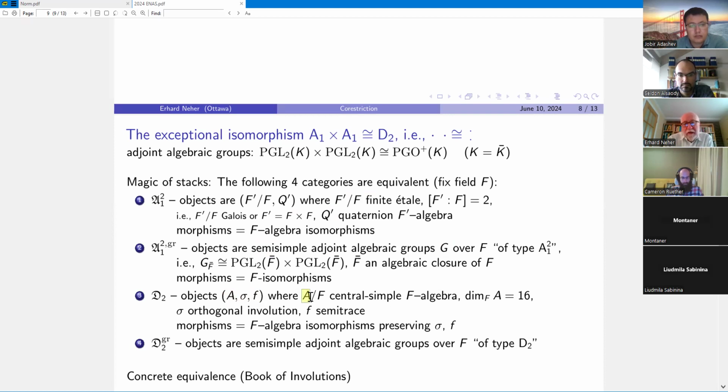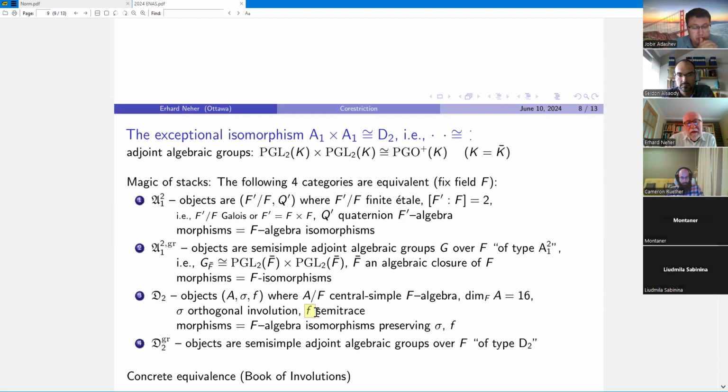So the D2 category has objects triples, A, sigma, f. A is a central simple F-algebra of degree 4, so over the base field F its dimension is 16. The sigma is a special type of involution of the first kind, so it fixes the center and has a certain fixed point subalgebra; it is called an orthogonal involution.